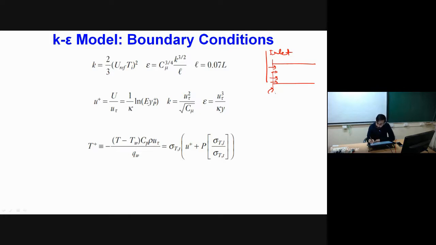So what we do is estimate the value of K and epsilon. Obviously, estimating the value of K and epsilon is very, very difficult, and it is not always known a priori. So that's why we use this formulation of turbulent intensity, where K is nothing but 2 by 3 U reference into Ti square, where Ti is our turbulent intensity.